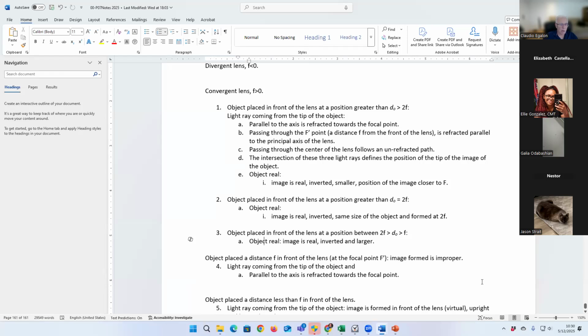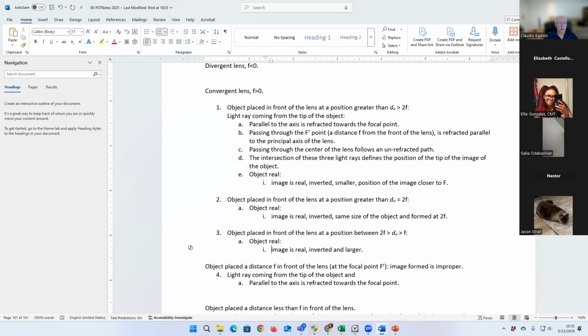Object real. Image is real, inverted and larger. Inverted, larger, comma. And formed, let's see where it's formed.